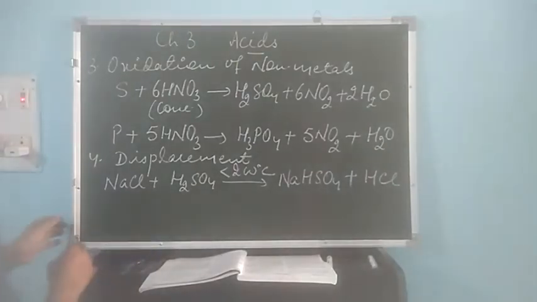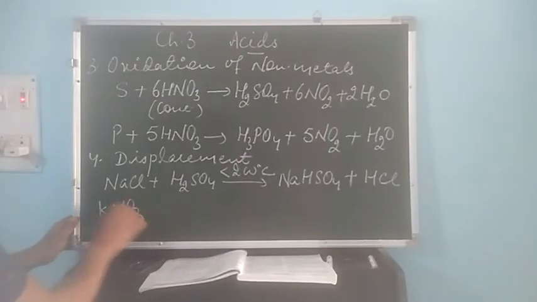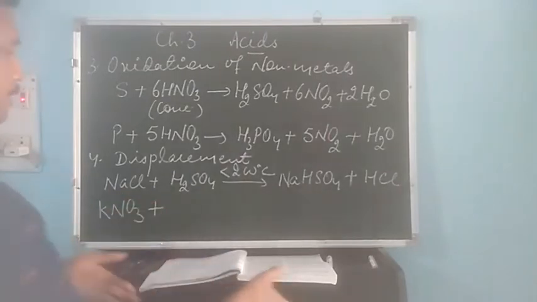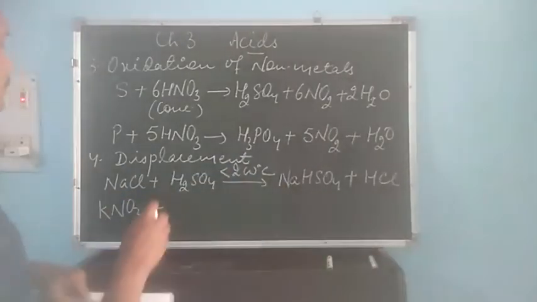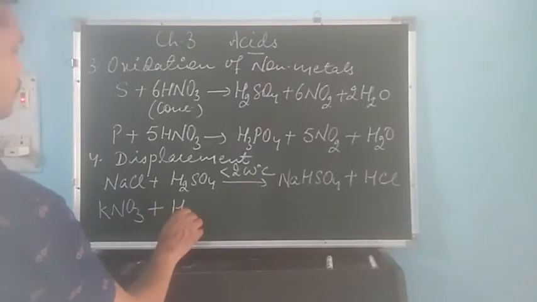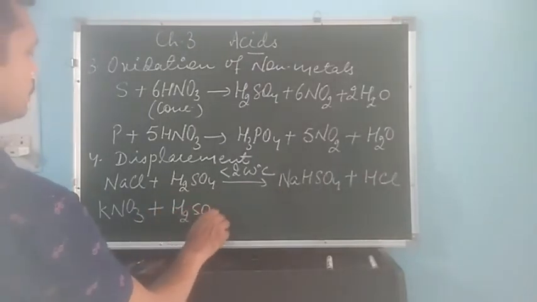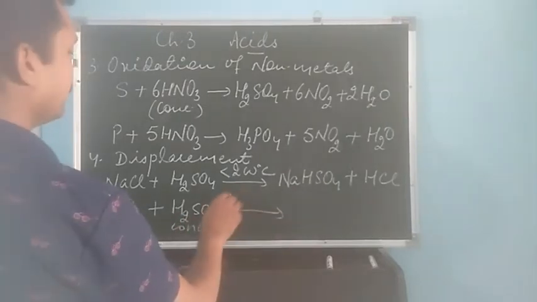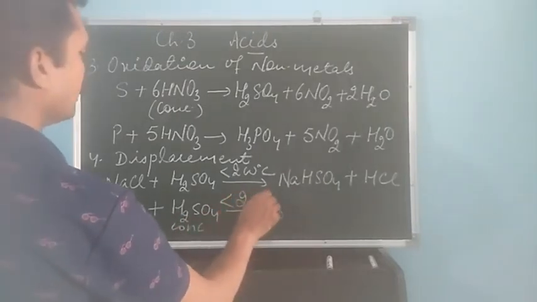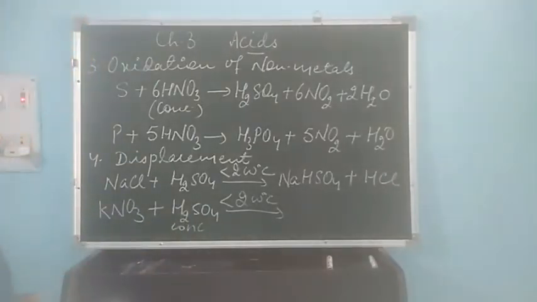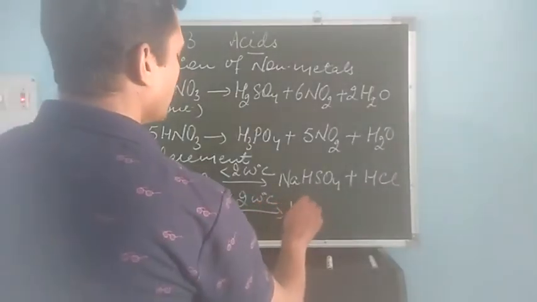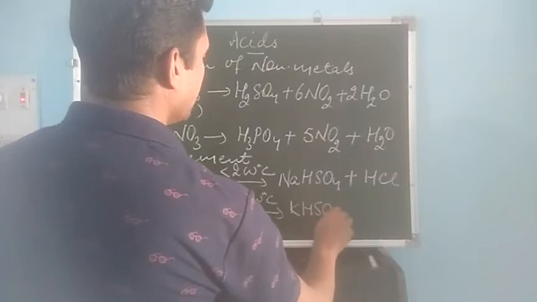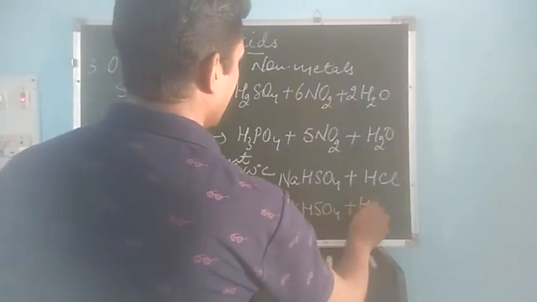We can take one more example like KNO3, which is potassium nitrate. We can use this with the help of conc. sulfuric acid. Again we take the temperature below 200 degrees Celsius and it gives potassium hydrogen sulfate and nitric acid.